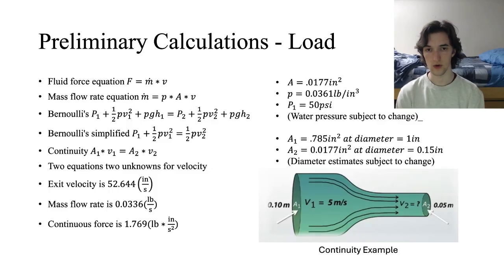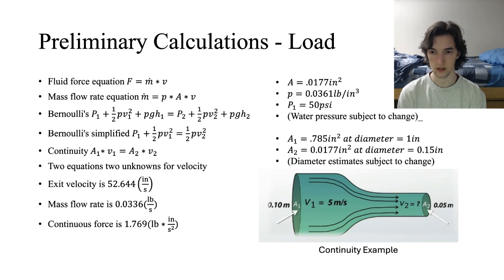Hi, I'm Joseph Wentz. I will be going over the preliminary calculations on the load on the deflector of the sprinkler. These calculations have stayed the same since the progress report. We are just using the fluid force equation to find the force and the Bernoulli's and continuity equation to find the velocity. We found the areas, the pressure, and the density online.